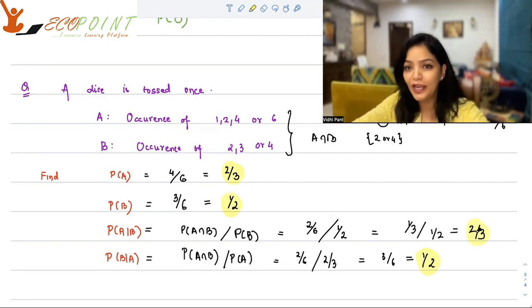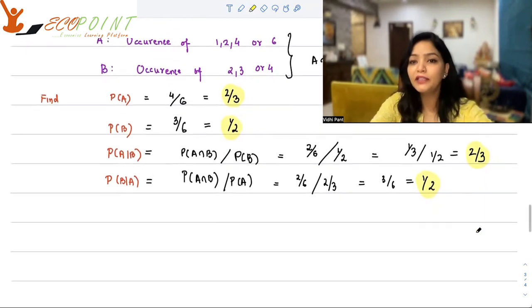This is a very special kind of a scenario actually. This is a scenario where occurrence of B has no impact on occurrence of A. The probability is not changing. Similarly, occurrence of A has no impact on occurrence of B. The probability is not changing.